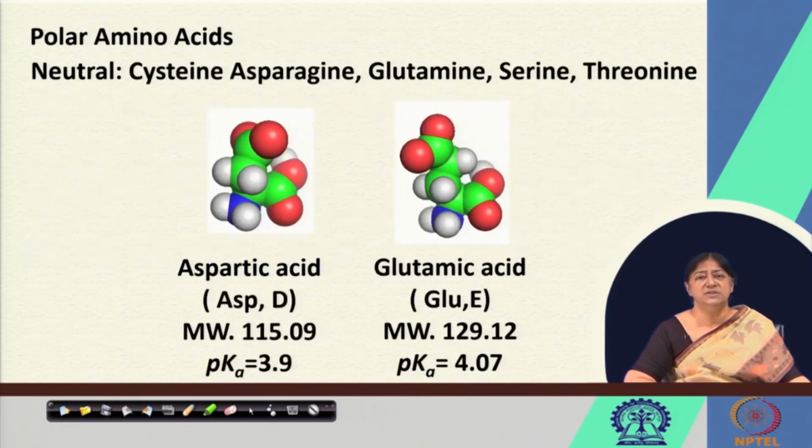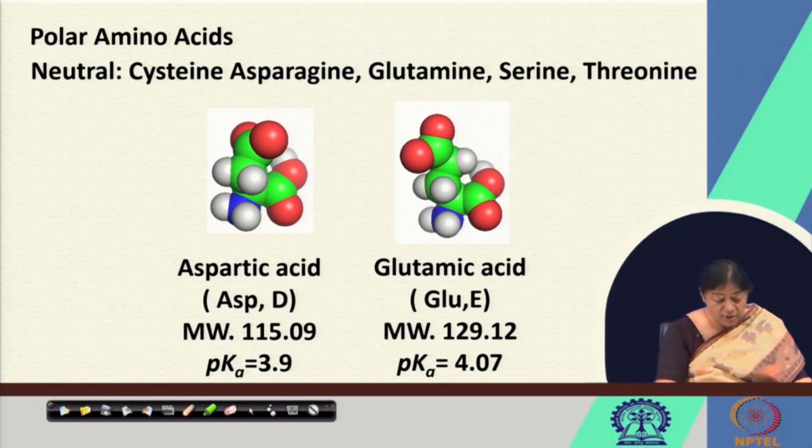If we go into further details and try to understand what these structures are all about, then we see aspartic acid and glutamic acid, the acidic amino acids, in the picture that we see here.